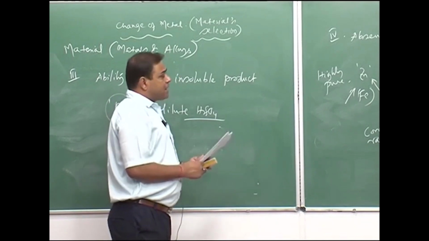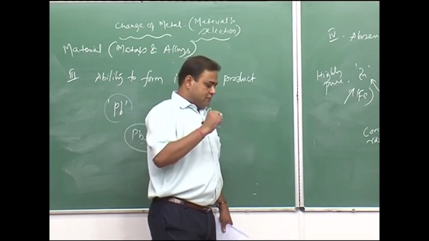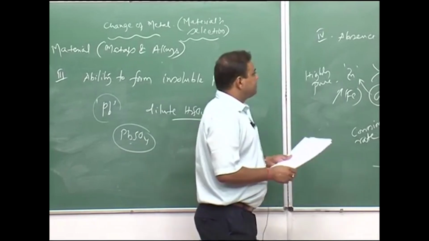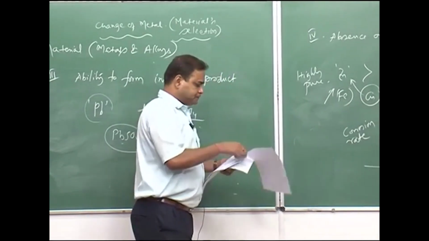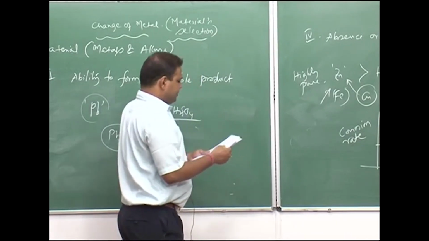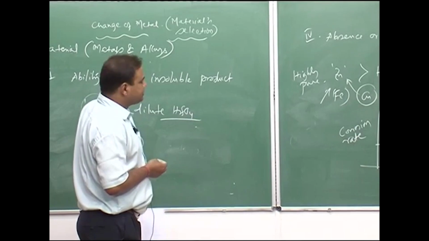Now, in case of iron, again if we have more carbon, we have Fe3C, which will again increase the corrosion rate of the metal. But sometimes we can also see there would be no effect of the cathode impurity.